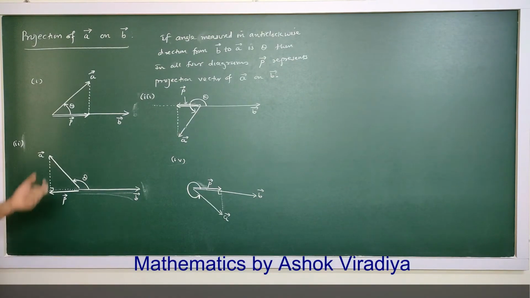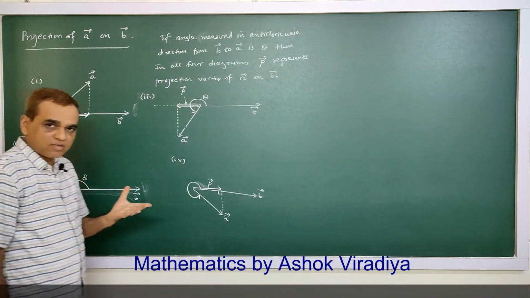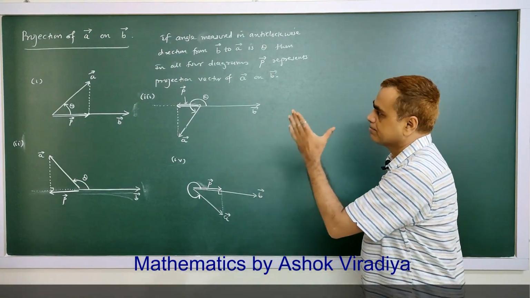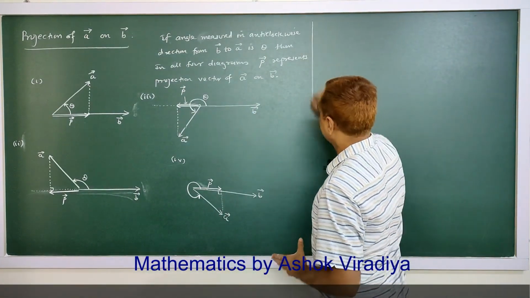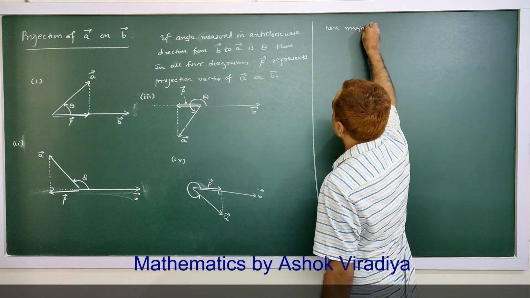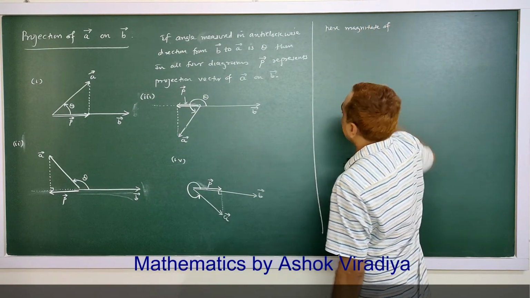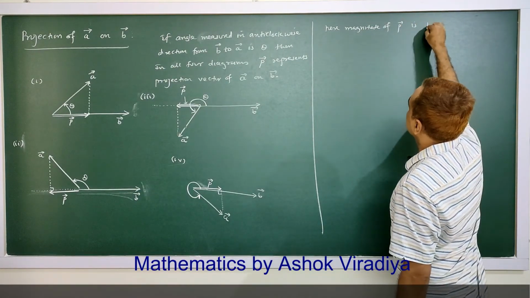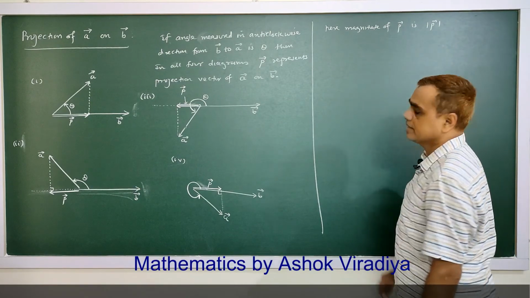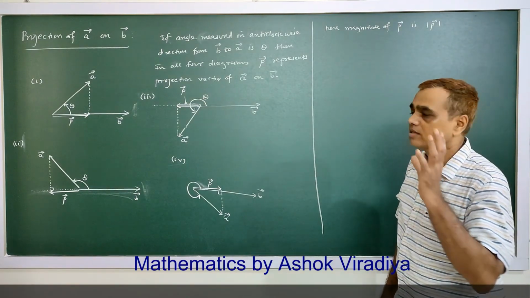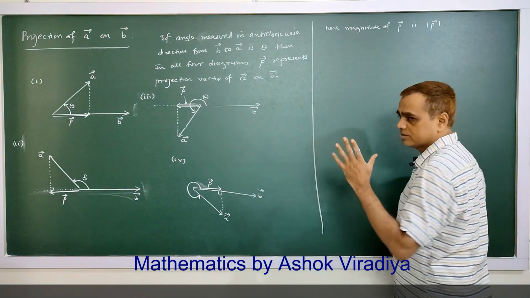Now see its magnitude. The magnitude of the projection vector is magnitude of P. It is simply spoken of as projection.